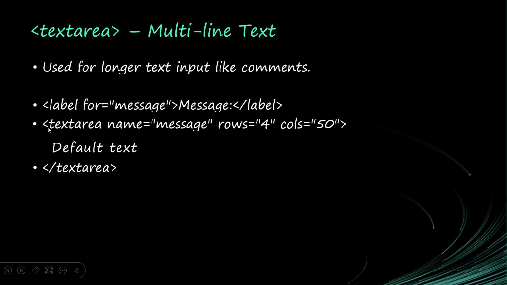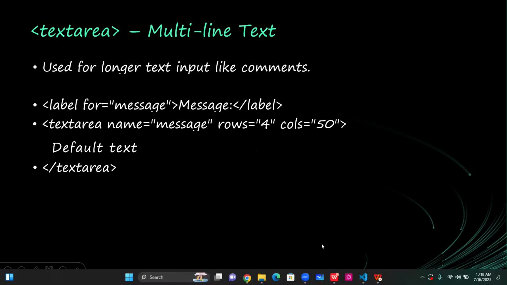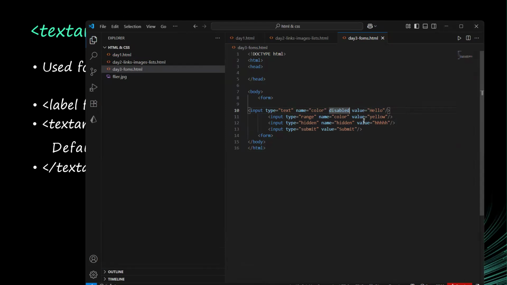So you already know how to write HTML elements, and the value, the name, and all those things also appear here. So if you have default text in this textarea, maybe I should just do some examples.